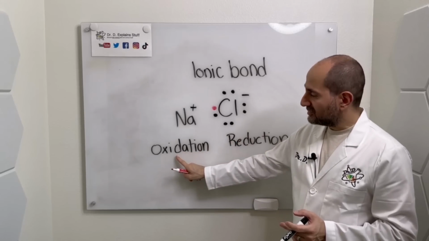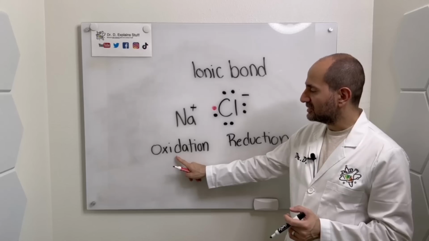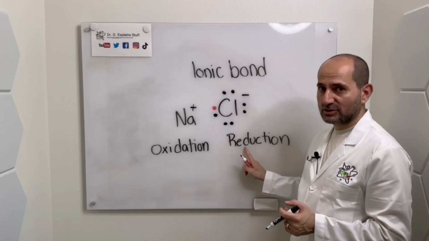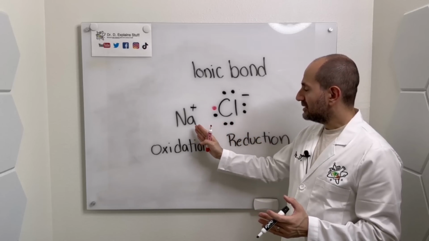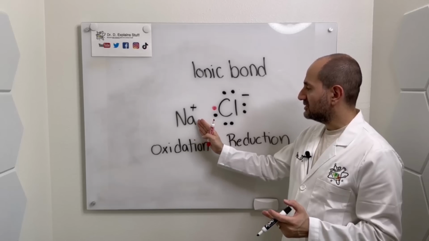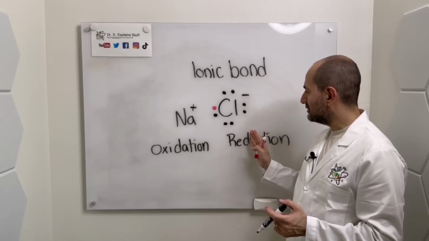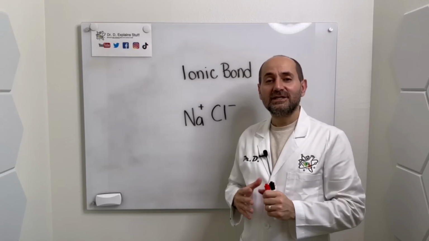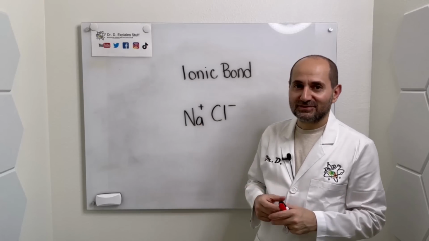Loss of electrons is called oxidation. Gain of electrons is called reduction. So in this chemical reaction, the sodium atom was oxidized to the sodium cation, while the chlorine atom was reduced to chloride, the anion.